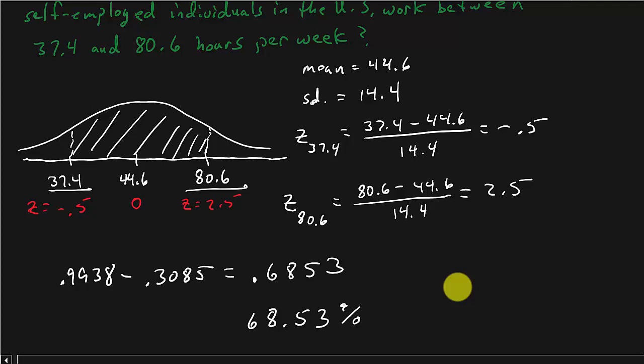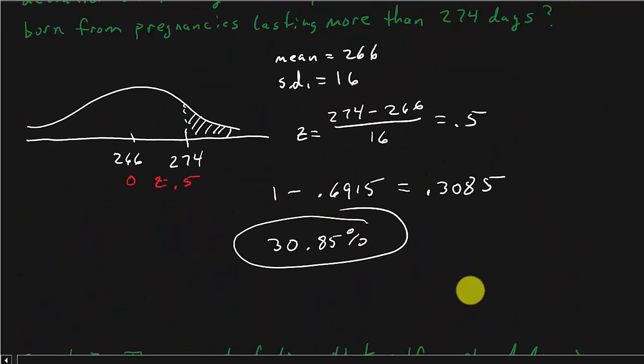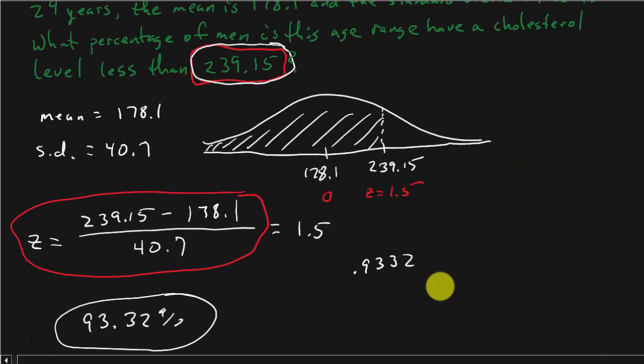It's just that in these problems, we're not one standard deviation from the mean. We're not two standard deviations, or three. You can see we're 2.5 or 0.5 below the mean. It's these odd values instead.